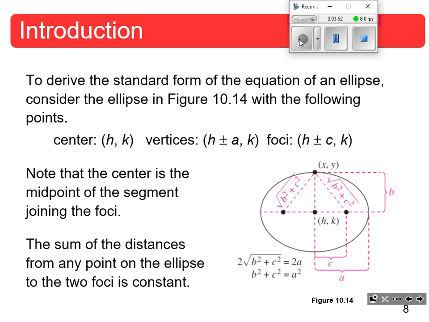The c value is generated from a and b, because b squared plus c squared is going to give us the hypotenuse from the vertex to the minor axis. And a is the overall length here. So b squared plus c squared is equal to a squared.